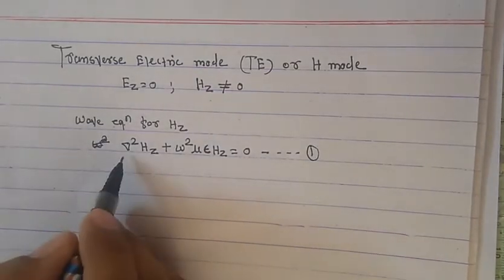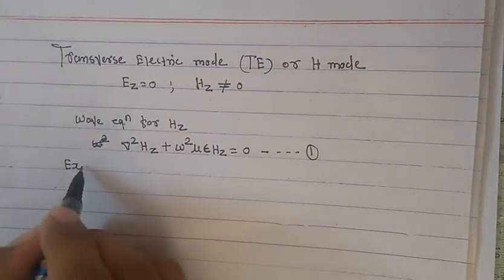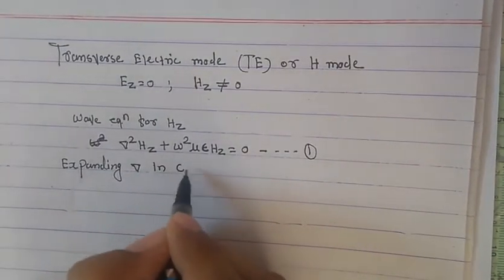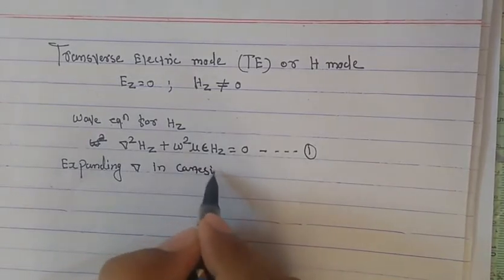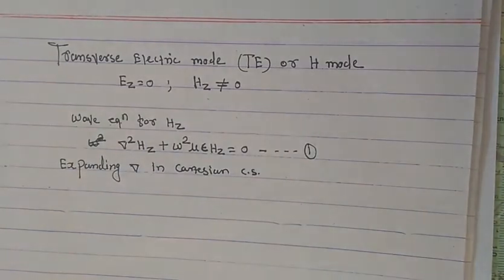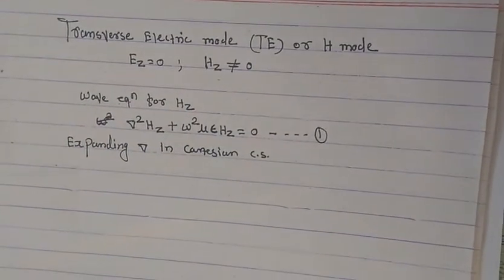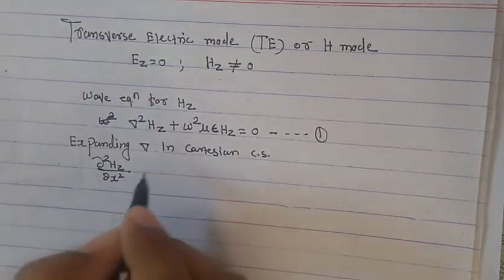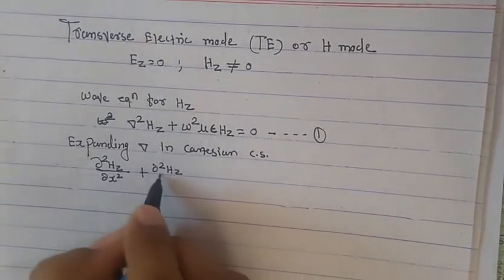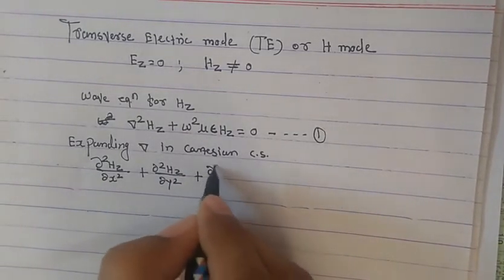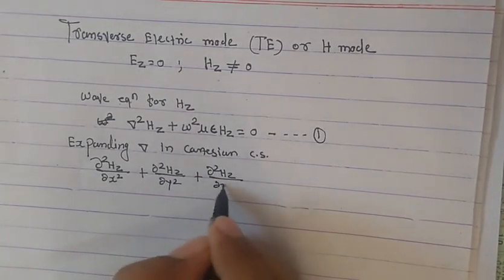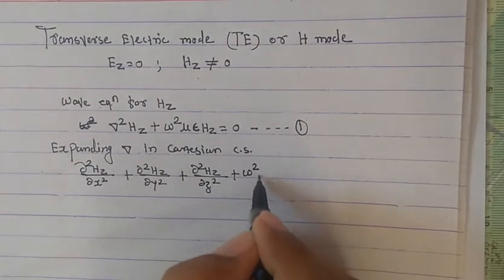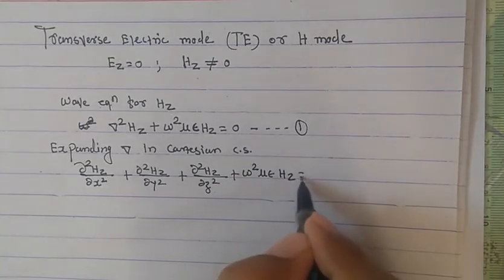So expanding del in Cartesian coordinate system, this will become del square Hz by del x square plus del square Hz by del y square plus del square Hz by del z square plus omega square mu epsilon Hz equal to 0.